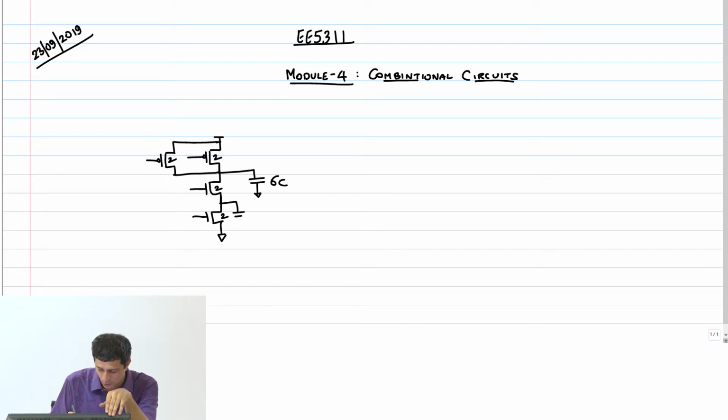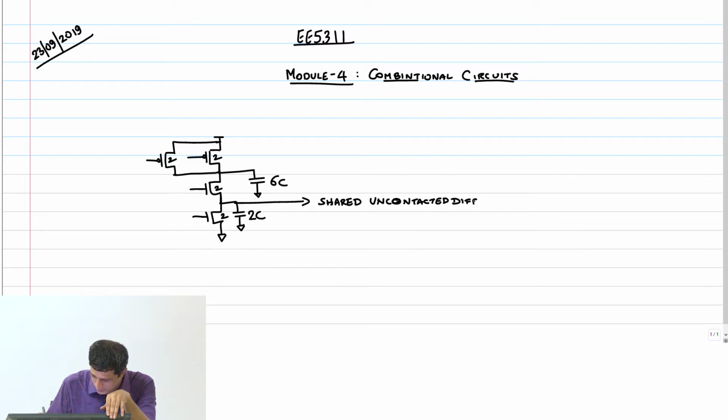The intermediate node would have a capacitance of only 2C as opposed to 4C because this is a shared uncontacted diffusion node.